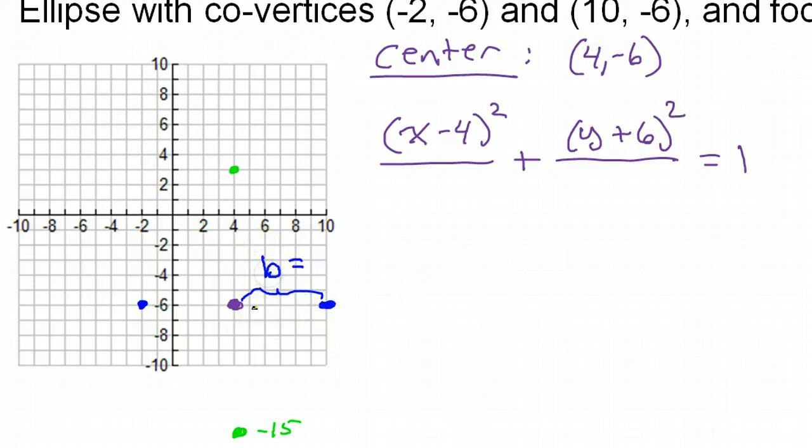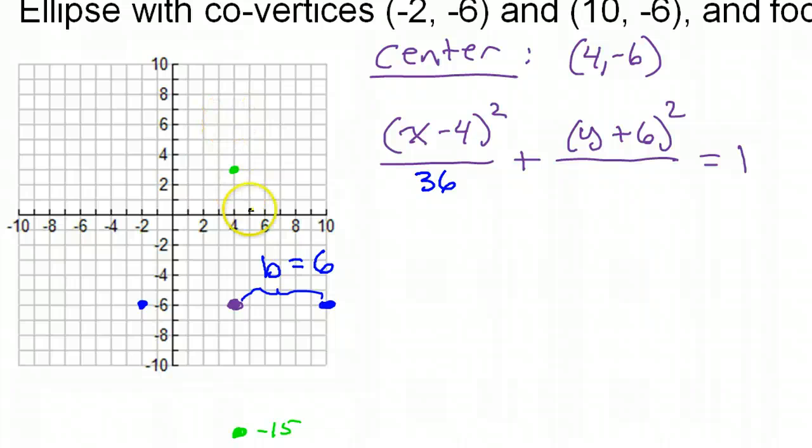So b is, what did I say this was? 1, 2, 3, 4, 5, 6. b is 6. It's horizontal, so the 36 is going to go with the x's because it's horizontal. We have the b value.